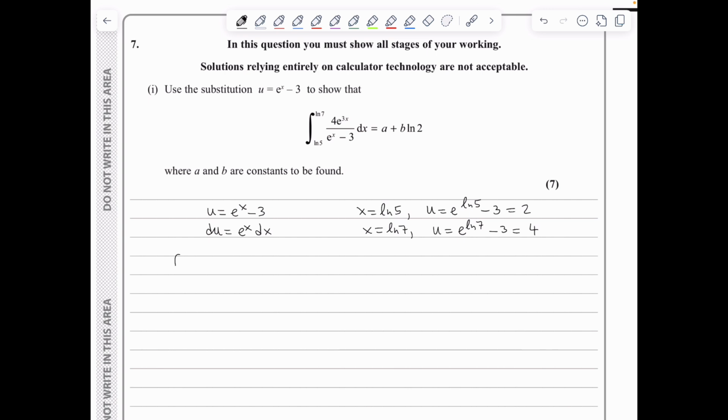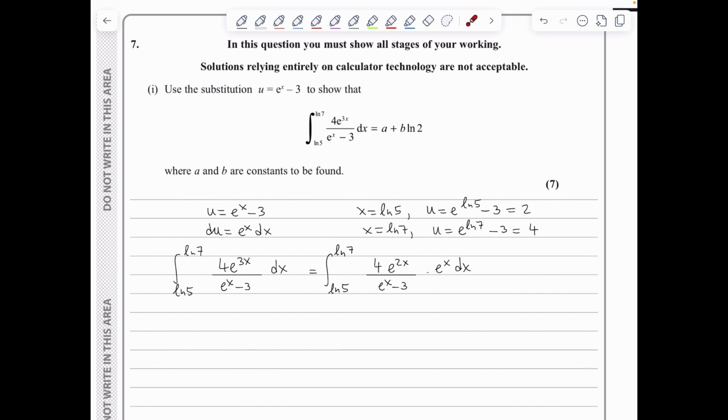And therefore the integral from ln 5 up to ln 7 of 4e to the 3x over e to the x minus 3 dx will be written as the integral from ln 5 up to ln 7 of 4 e to the 2x over e to the x minus 3 times e to the x dx.